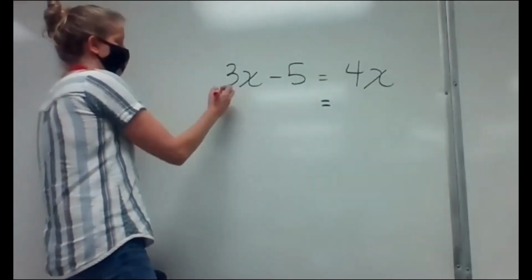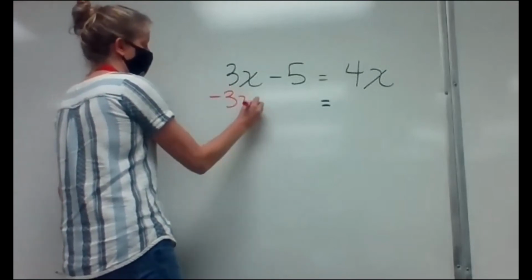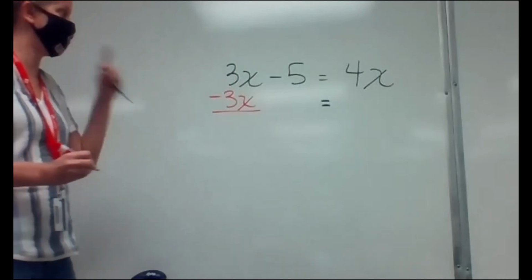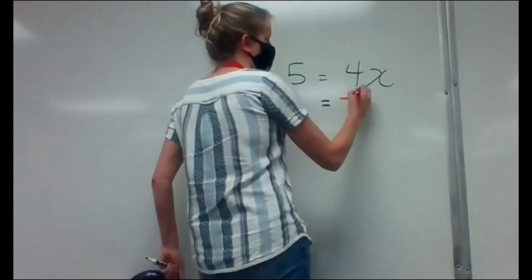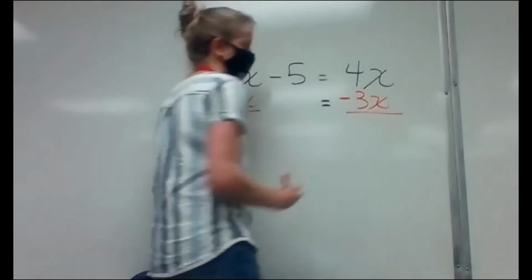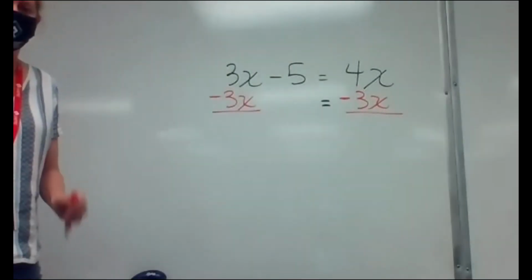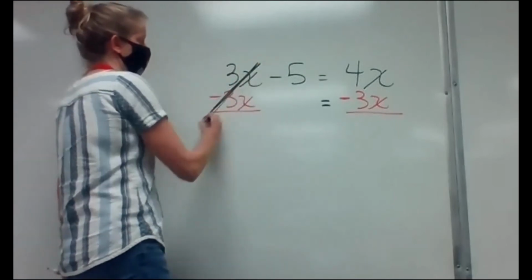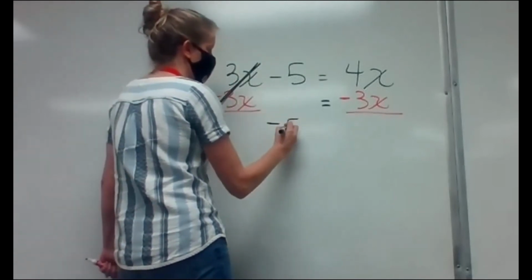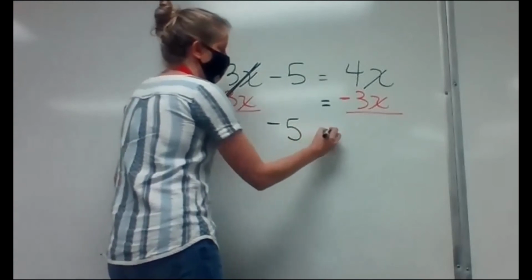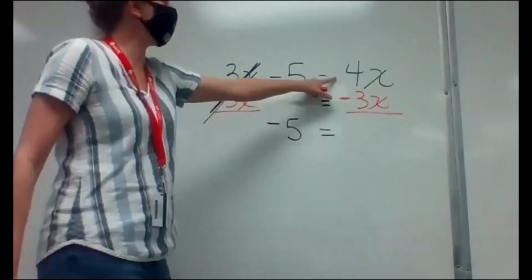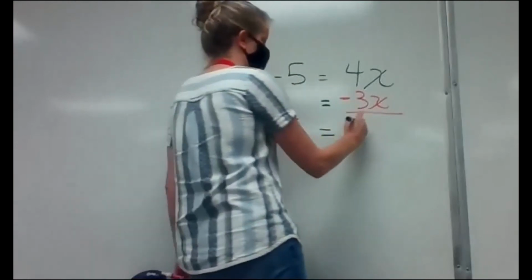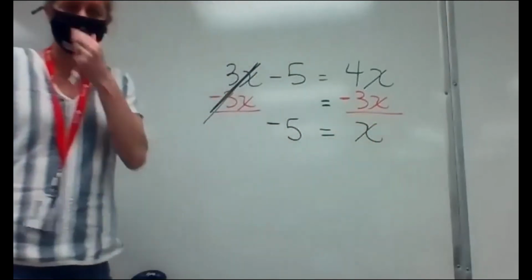So I'm going to get rid of it by just subtracting it away. If I subtract 3x, I have to do the same exact thing over here. These go away. Bring down that minus 5 equals 4x minus 3x, which again leaves you with just 1x.